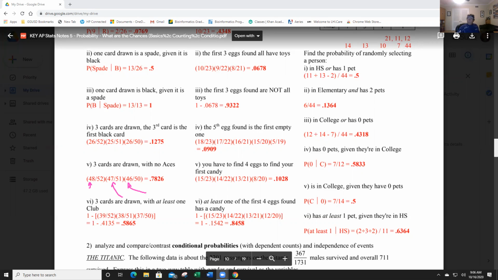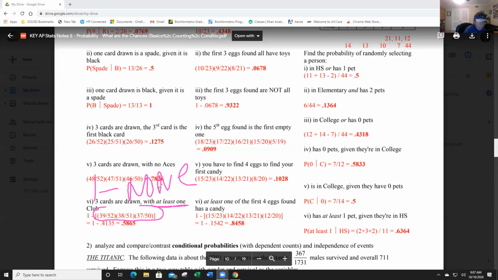All right, next one. At least one. Oh, we have hammered on this in previous lessons. At least one is 1 minus none. So we have to calculate the probability of getting no clubs. There is a decent chance of that.